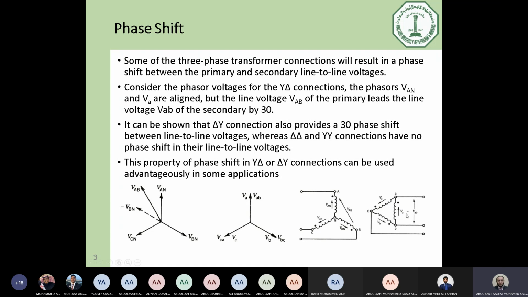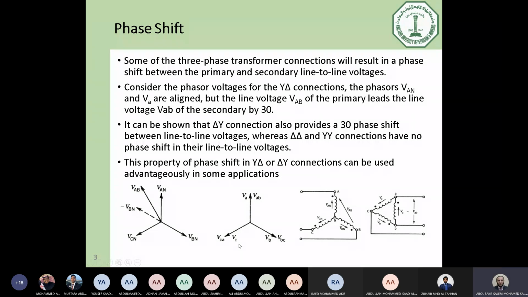So we expect VAN of the Y connection and VA of the delta connection to be in phase. This is the phasor diagram which represents the voltages of the delta connection. VA or VAB will be in the same direction as VAN.